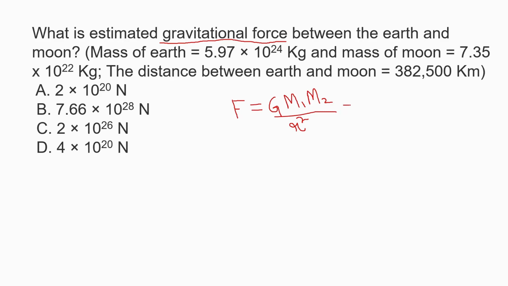Okay, so G is a constant, which we discussed right before this question, which is 6.67 into 10 to the power minus 11 Newton meter square per kg square.